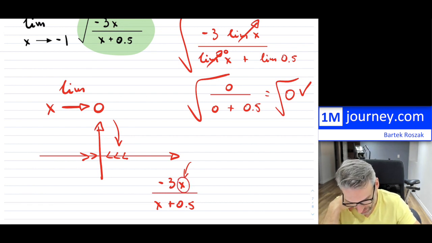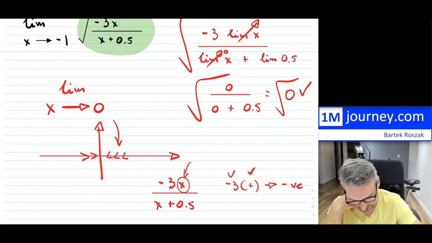If x is positive here, then we're going to get negative 3 times a positive number, which is going to be a negative number, correct? So negative times a positive. That's on the numerator. Now, in the denominator, this won't really make a difference. x is positive, so this is a positive plus another positive.